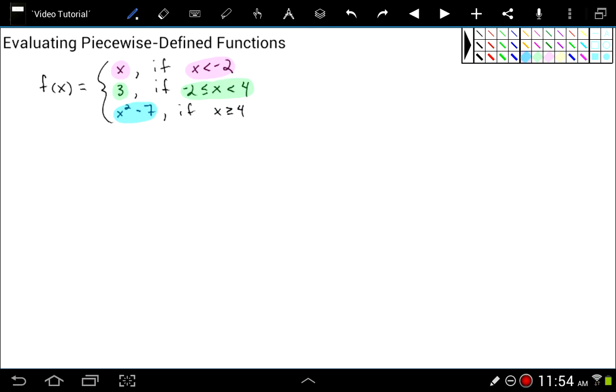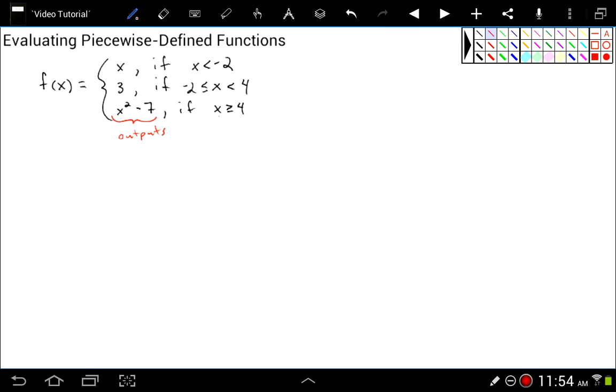So, the way to look at this is, these are the outputs of the function, and it depends on the type of input. Okay? So that's the idea.